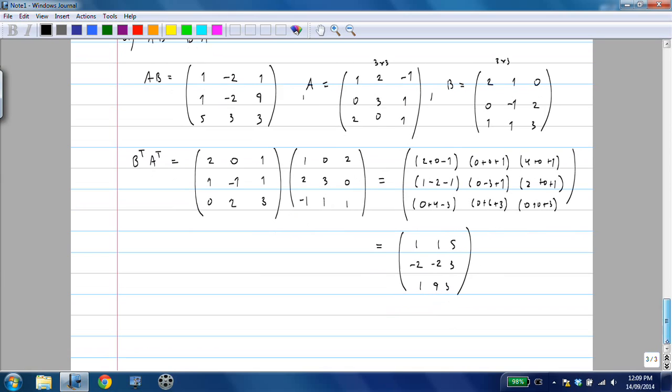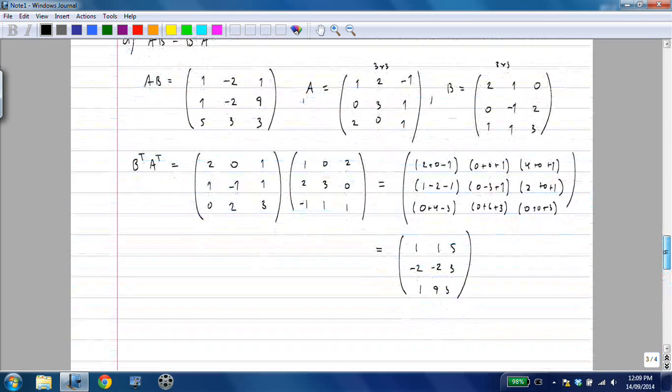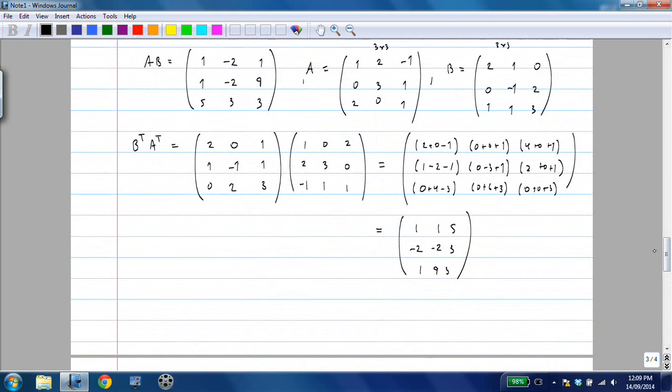Okay, so now we want to compute AB minus B transpose A transpose. All we're going to do is take the individual elements and subtract them from one another.